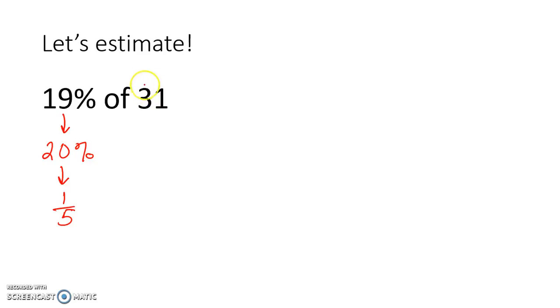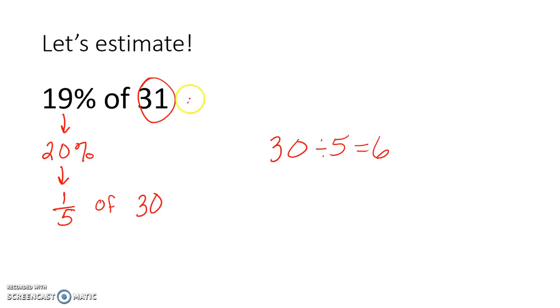So now I have to think, what's a number really close to 31 that I can divide by 5? 30 is really close to 31, and it can be divided by 5. So in my head, I'm thinking, what is 30 divided by 5? It's 6. So 19% of 31 is about 6.